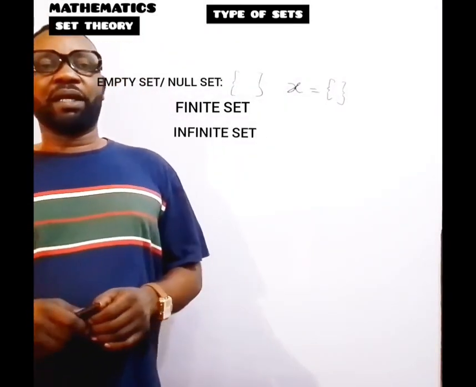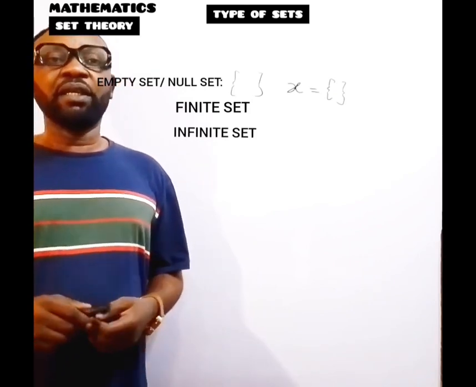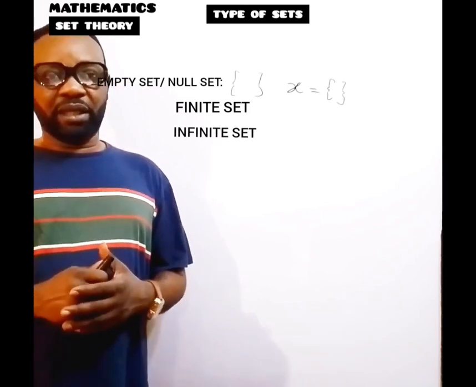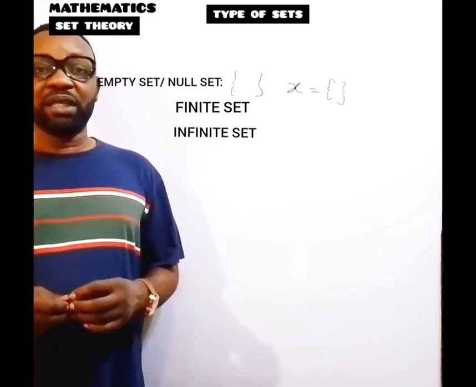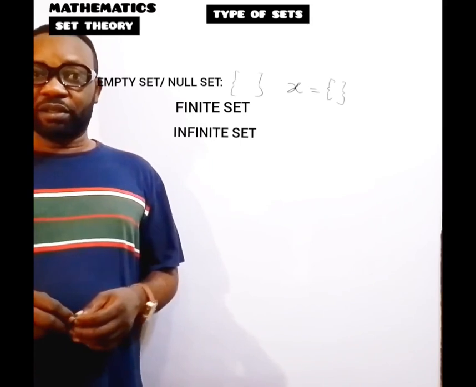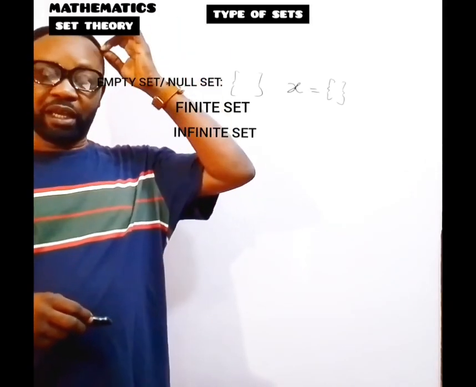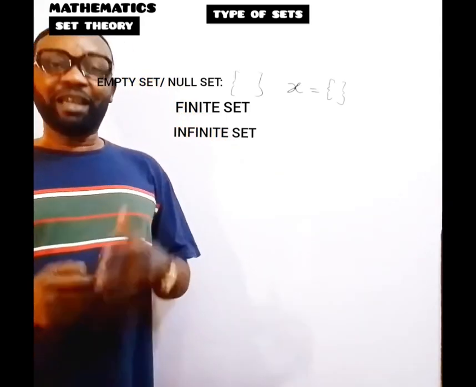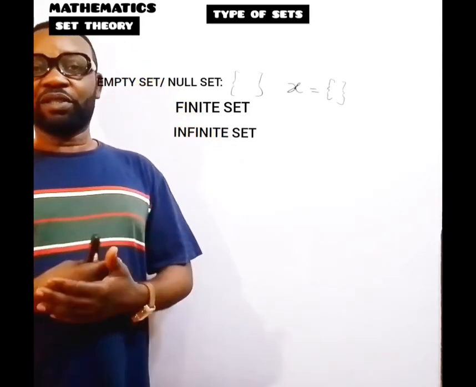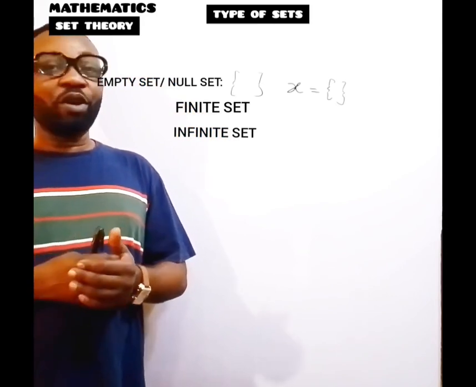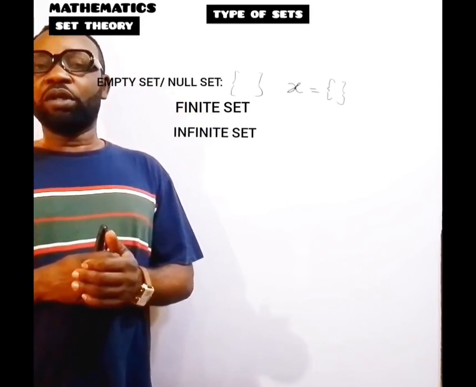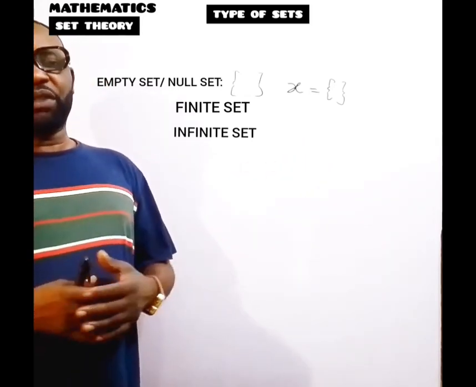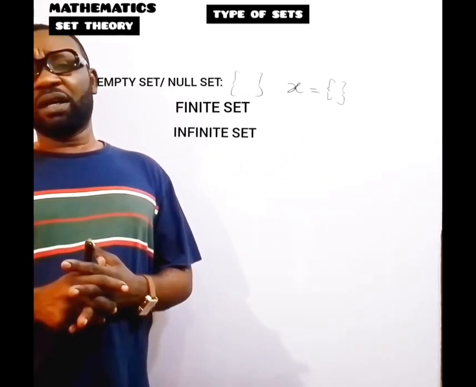Now, another type of set we have is called the infinite set. As the name implies, in an infinite set, the elements of that set cannot be counted. For instance, if I am asked to count the number of hairs on my head, that is going to be a little bit difficult. That is not going to be counted at all. Or you have the positive integers. Positive integers too are uncountable.